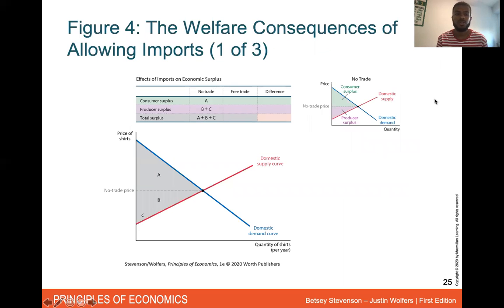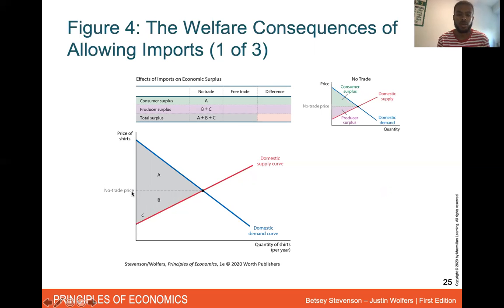So figure 4 here is the welfare consequences of allowing imports. This is the original supply and demand curve of the domestic economy before trade. The consumer surplus is this triangle A. That's what the consumers gain or enjoy when purchasing the t-shirts at that price of $20, which is here.